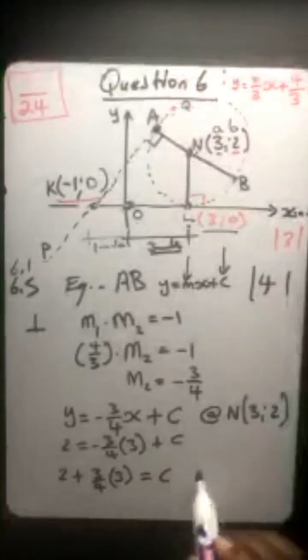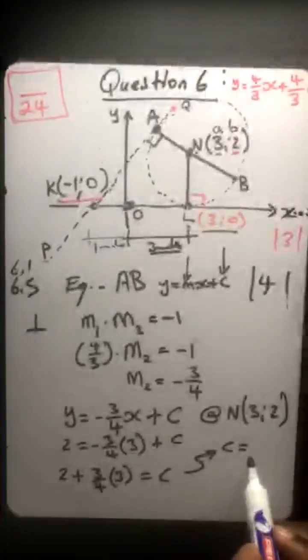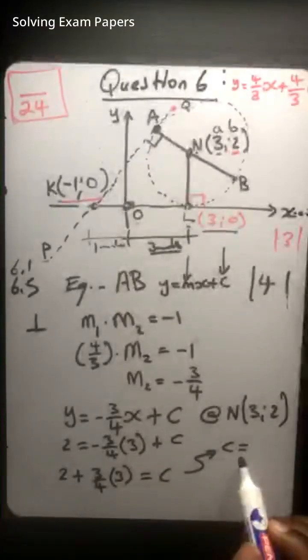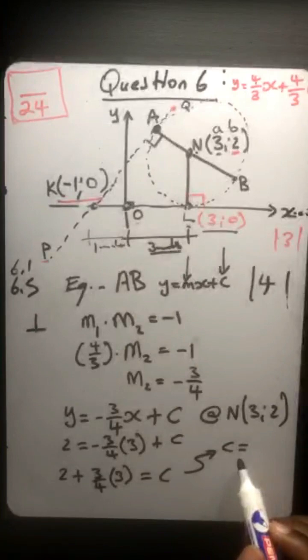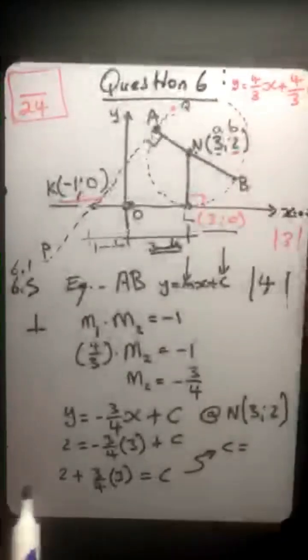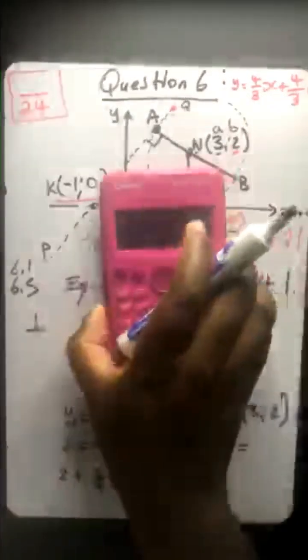So what are you getting as your C value so that we can write our final answer? Over 4. What is it? 10 over 4.